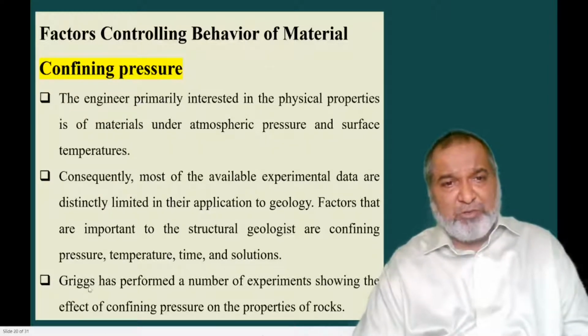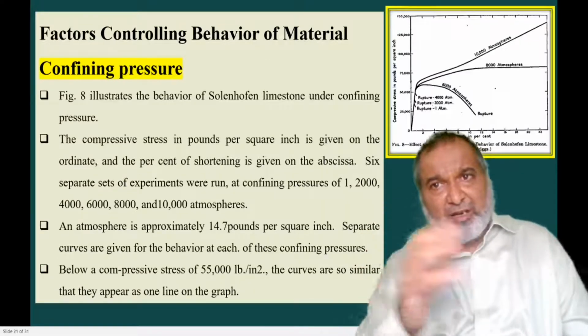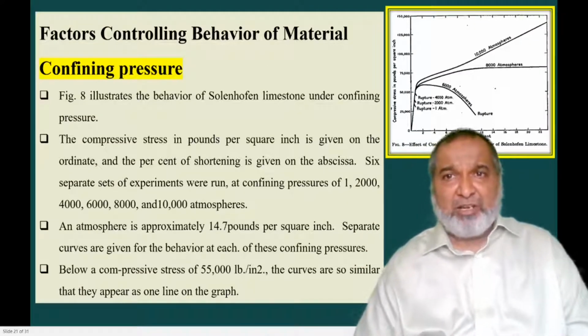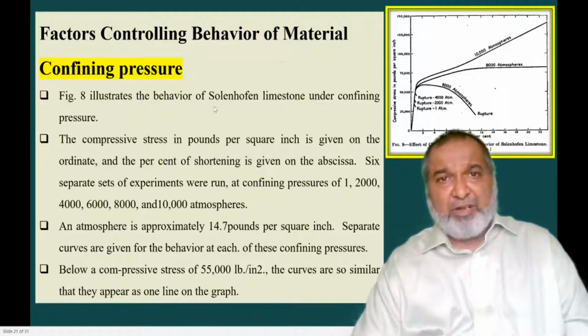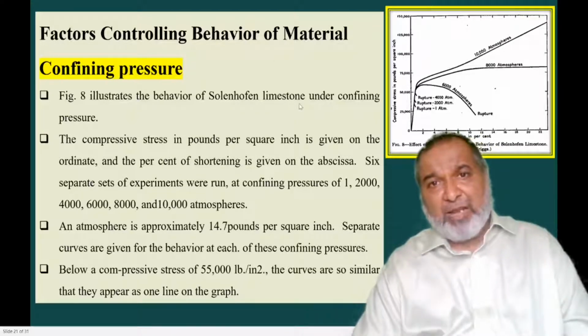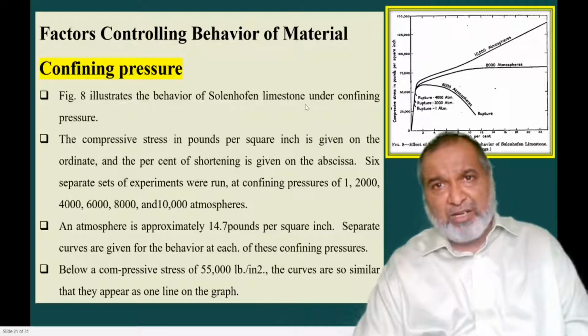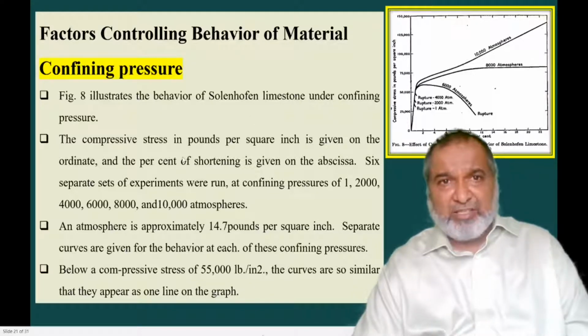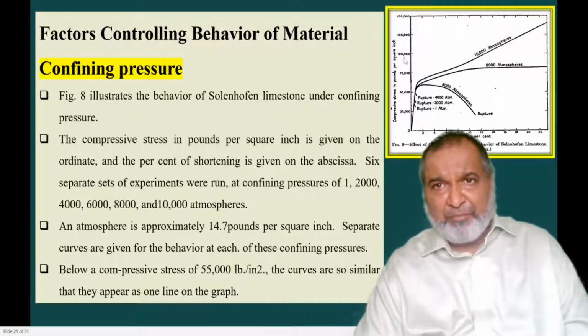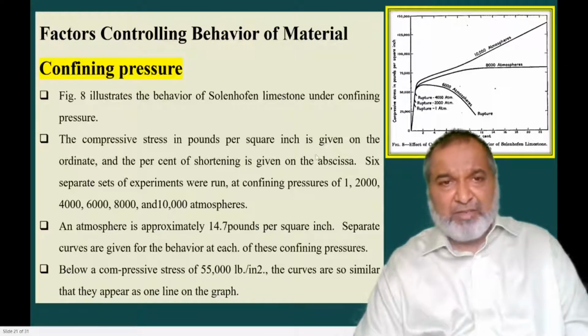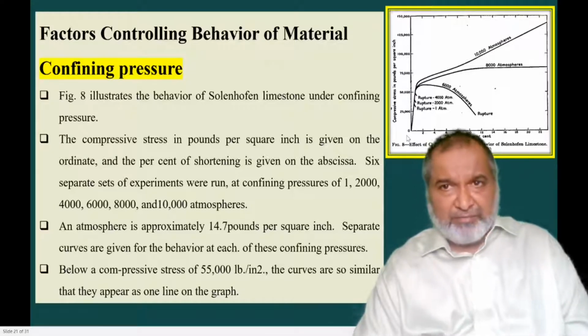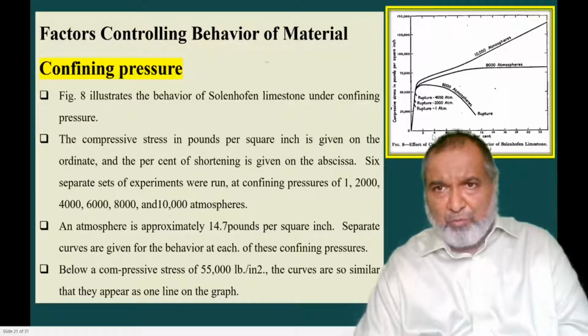This is an experiment done by Griggs. This is an important diagram where you can concentrate on the behavior of Solnhofen limestone, the limestone from that area, under confining pressure. The compressive stress in pounds per square inch is given on the ordinate, the y-axis, and shortening in percentage is given on the x-axis, from 0 to 4, 6, 8.